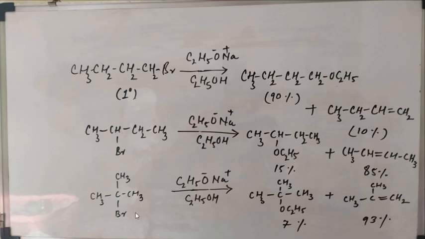And for tertiary haloalkane, it is almost exclusively the elimination product, since this haloalkane substrate is highly branched, with more steric hindrance. For the base it would be very difficult to approach here and undergo the nucleophilic substitution reaction. Rather, it is easier to abstract the beta hydrogen and give the elimination as the major product. So 93% of the elimination product and only 7% of the substitution product is obtained.